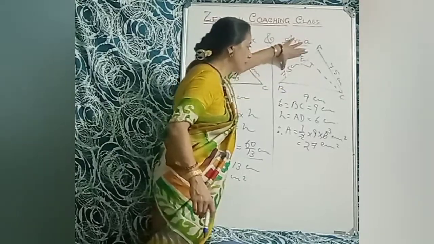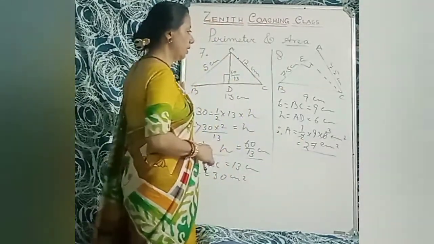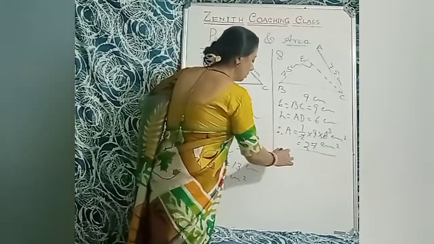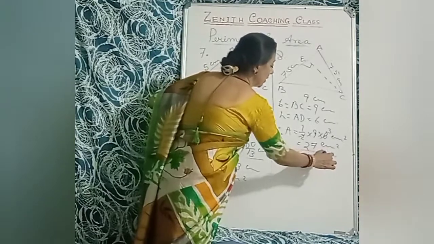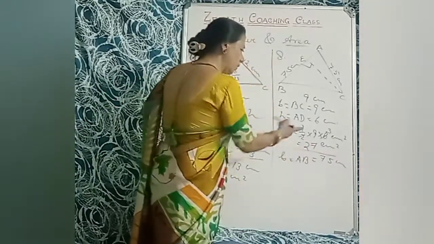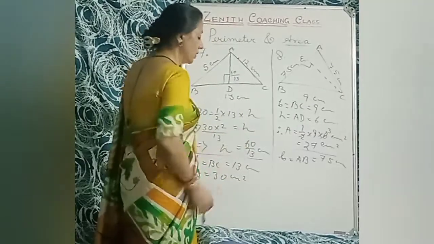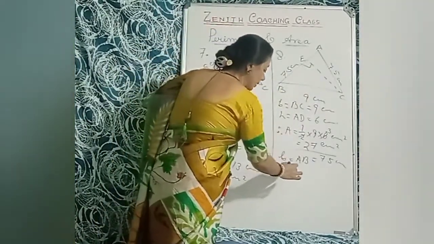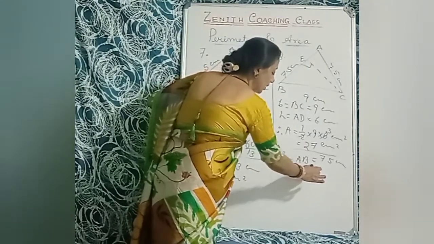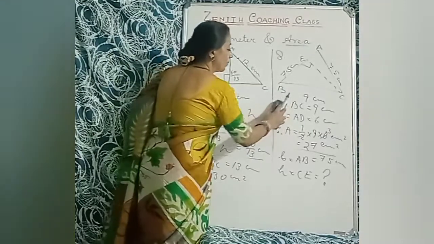So in case of CE, base equals AB equals 7.5 centimeter. You know the area: area equals 27 centimeter square, just found out. Now you have to find out CE, that is height. Height equals CE equals what?